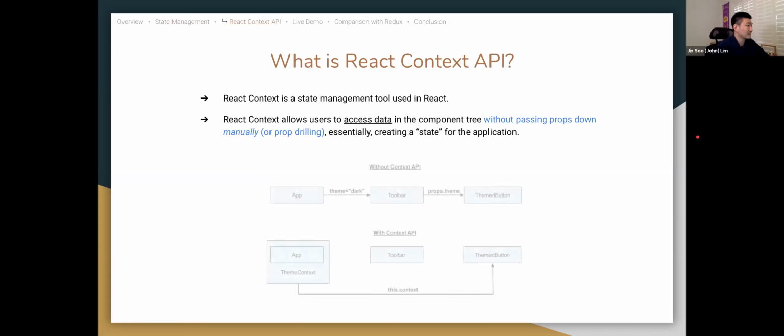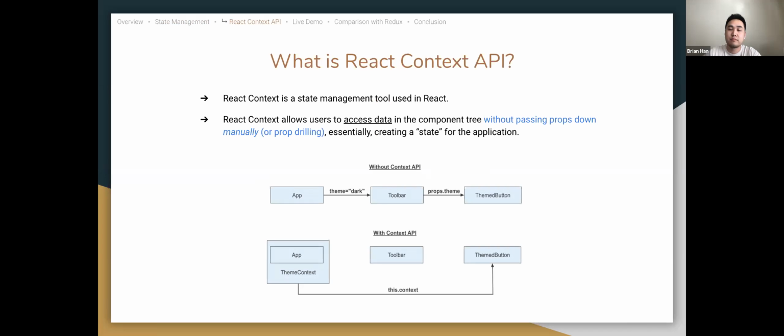Thank you, Brian. So what is React Context API? React Context is a state management tool used in React, and it allows users to access data without the passing of props, as Brian mentioned. If you can see in the top part of this diagram, the state requires it to be passed down into each child component until it reaches the one that we're actually using it in.